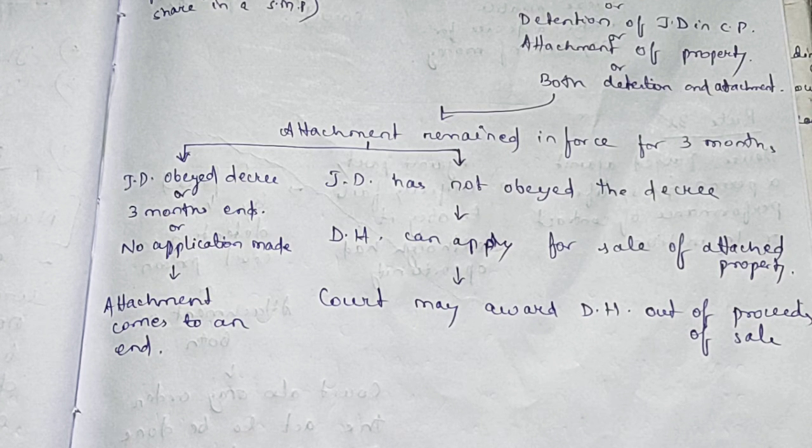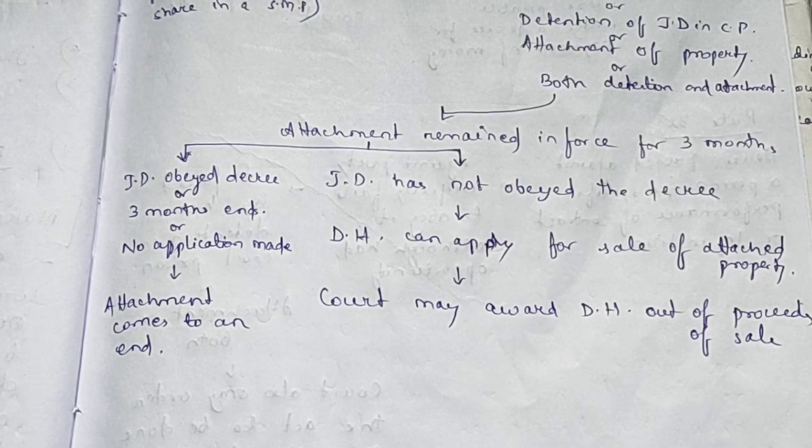Where he has not obeyed the decree, then the decree holder can apply for sale of the attached property and the court may award the decree holder out of the sale proceeds. Also, where the judgment debtor has obeyed the decree or the attachment period of 3 months ends or no application has been made by the decree holder for sale, then the attachment comes to an end.